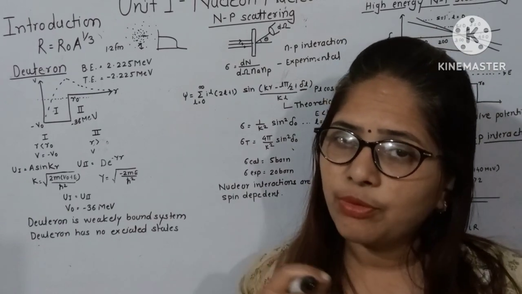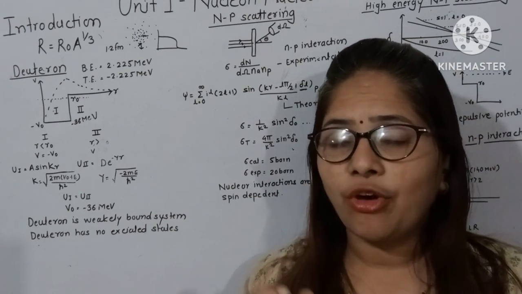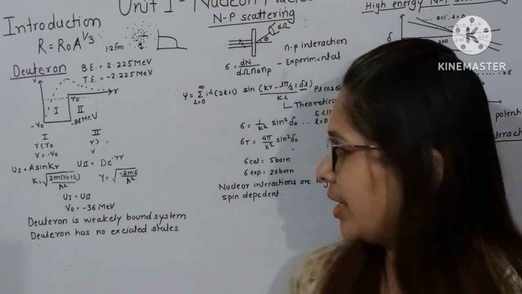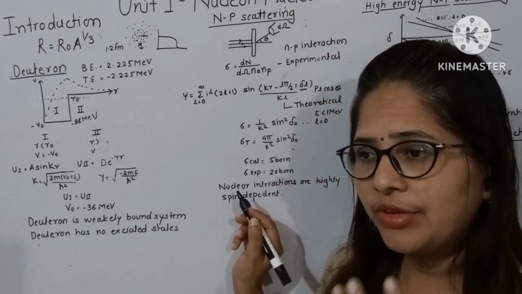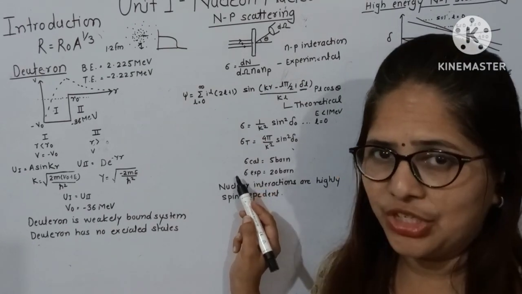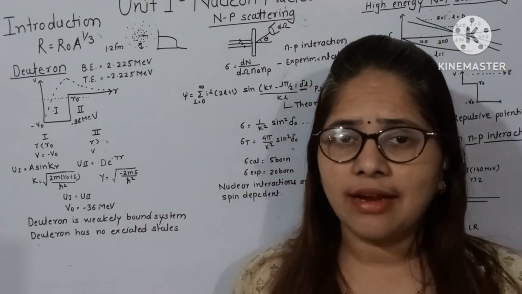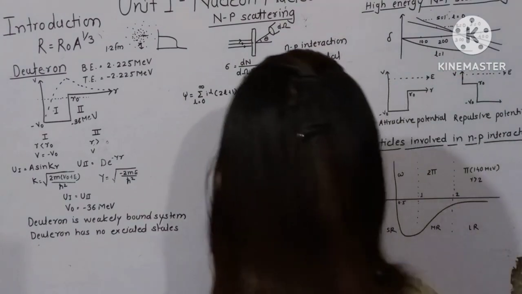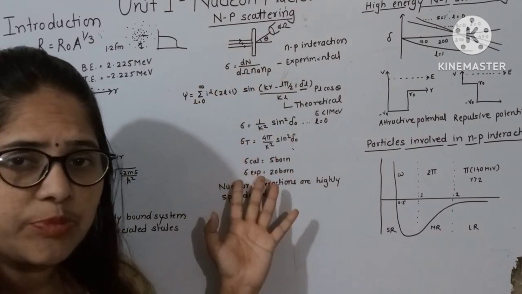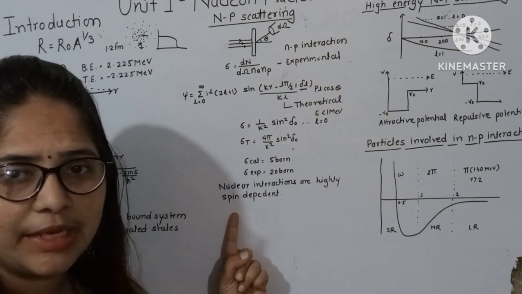Now when we performed the calculations by taking the potential to be non-central, or dependent on theta and phi, we found that these two values are matching, which says that nuclear interactions are highly spin dependent. This is the conclusion we have drawn from this expression. I have written over here: nuclear interactions are highly spin dependent.